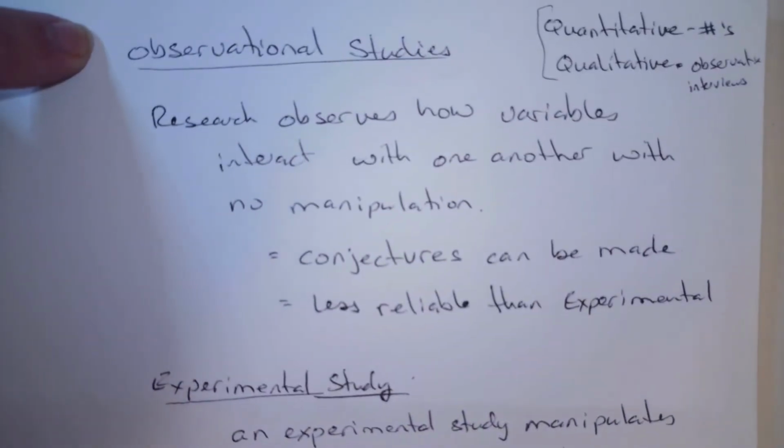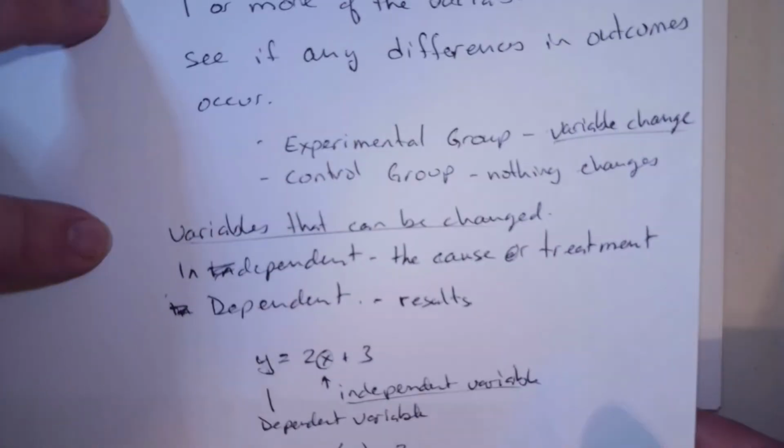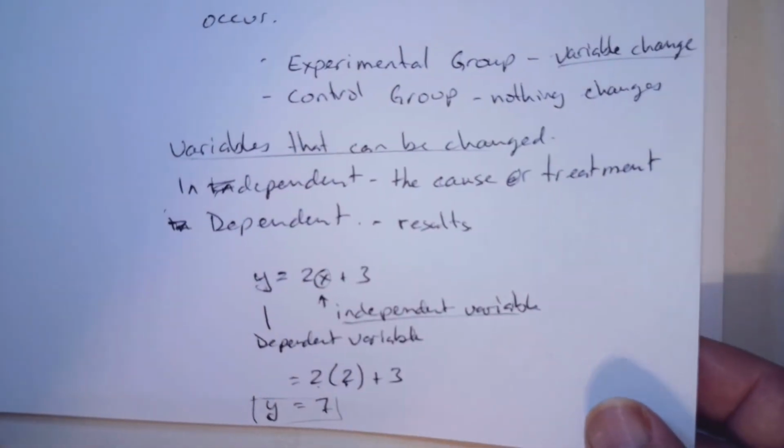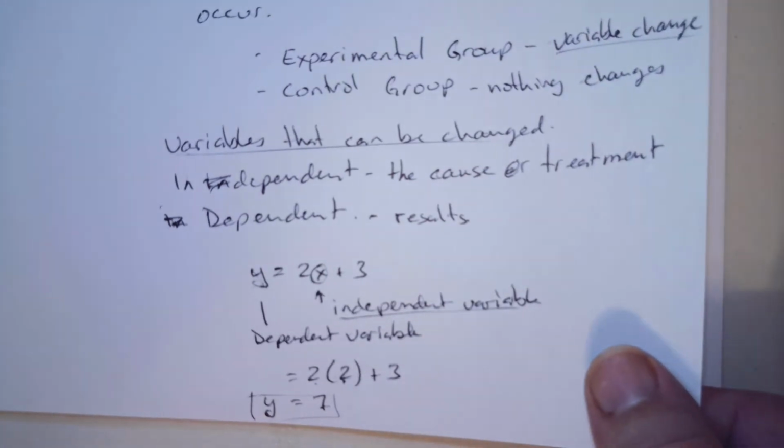Okay, so first we talk about observational studies, because this one is just observing. There's no treatment of any sort. Experimental is where you have a treatment, a control group, and an experimental group, and you just watch, see what happens. And the third type of studies you can do is called a sample survey.